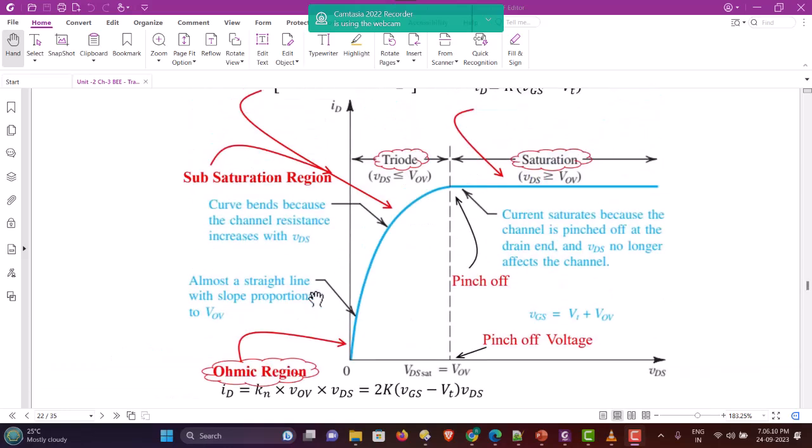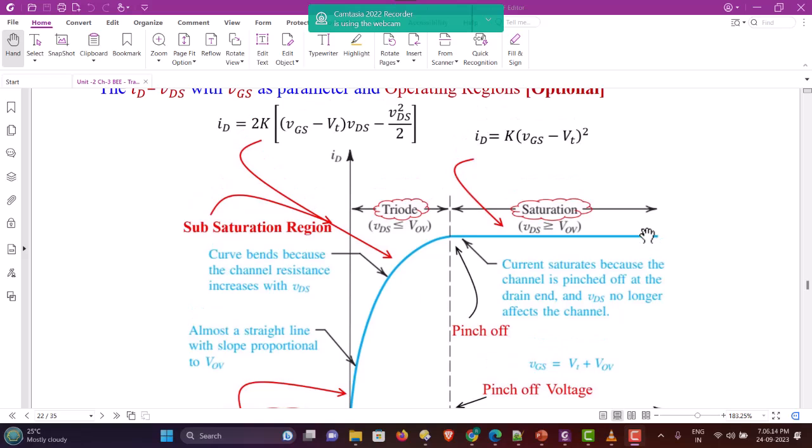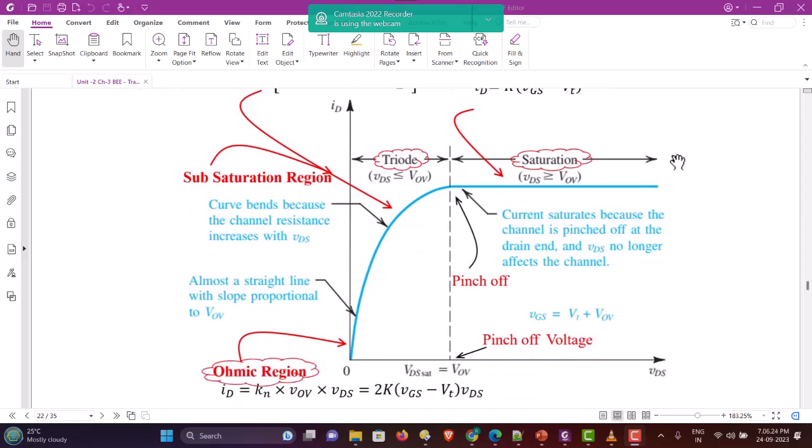The same characteristic, a single characteristic, is shown. In this characteristic, the current in the saturation region is given by the relationship ID is equal to K into (VGS minus VT) square.